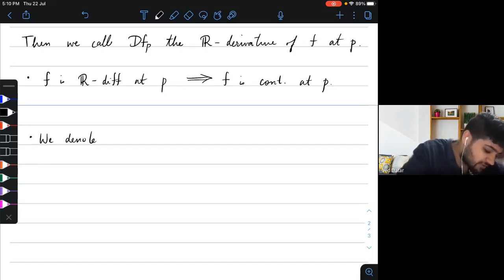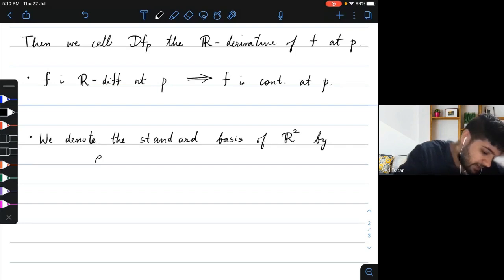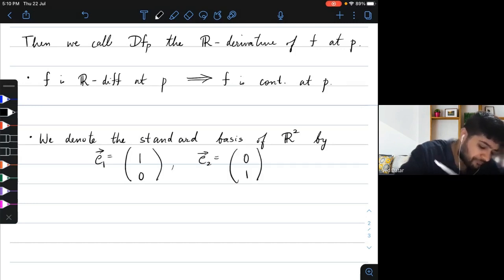Of course, R2 comes with a standard basis. We denote the standard basis of R2 by E1, the column vector (1, 0), and E2, the column vector (0, 1).